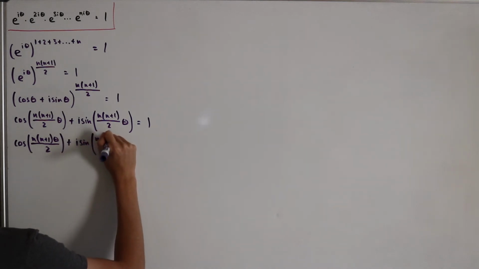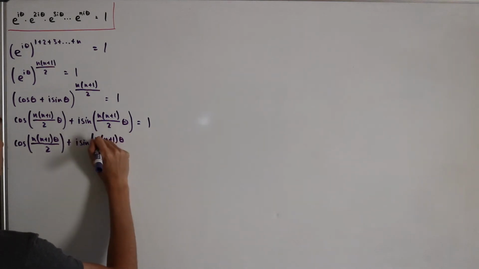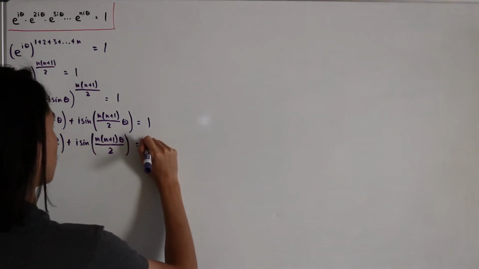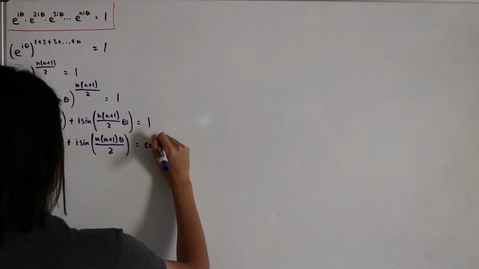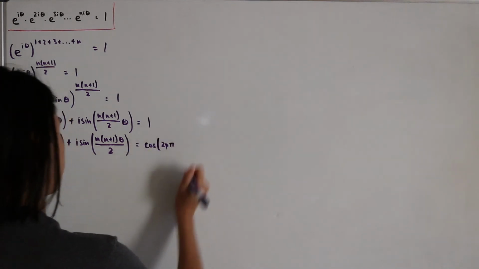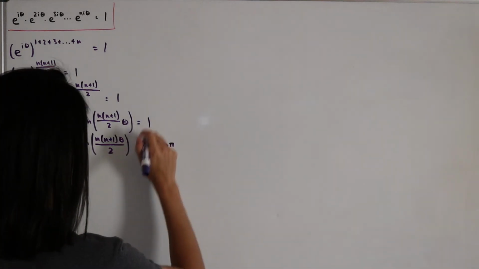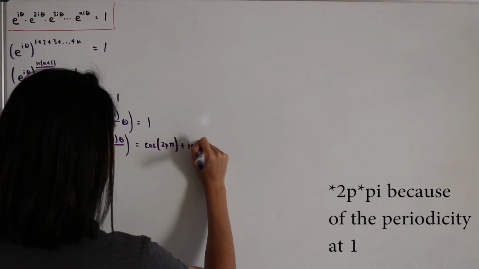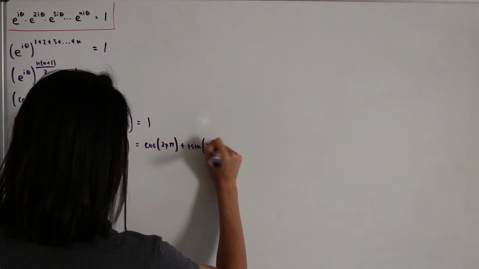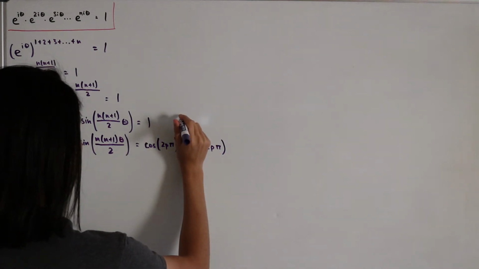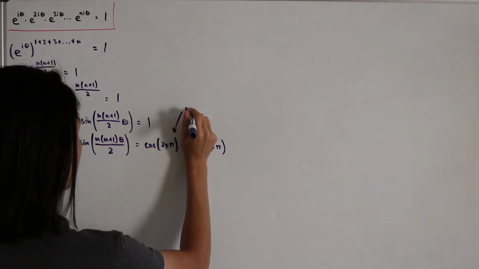So n times n plus 1 times theta divided by 2 is equal to cosine of 2p pi, because that gives the 1, plus i times sine of 2p pi. It should also be noted that p should be an integer, so I'll put that down.